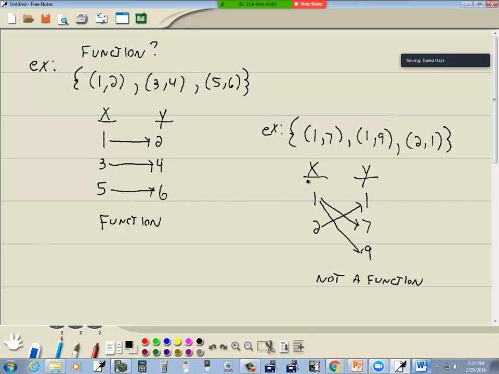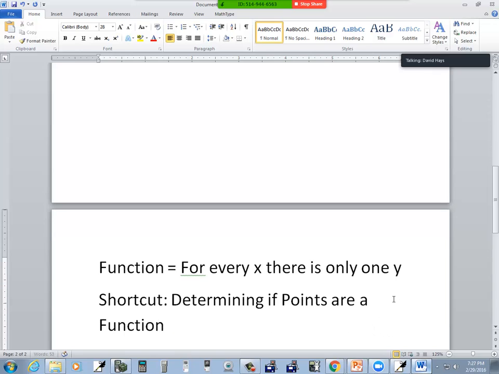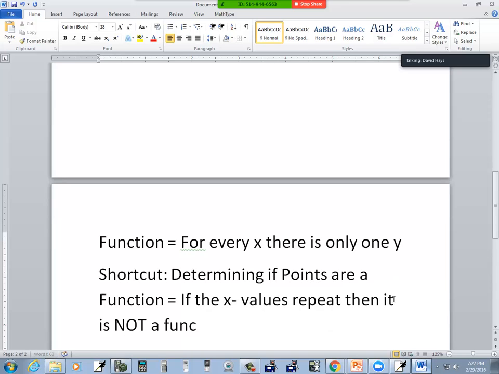And it says if your x values repeat, it's not a function. This is a shortcut for determining if points are a function. If the x values repeat, then it is not a function.